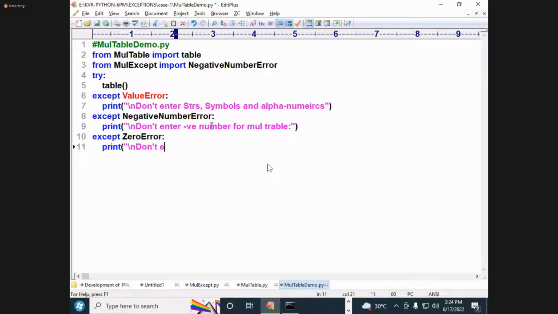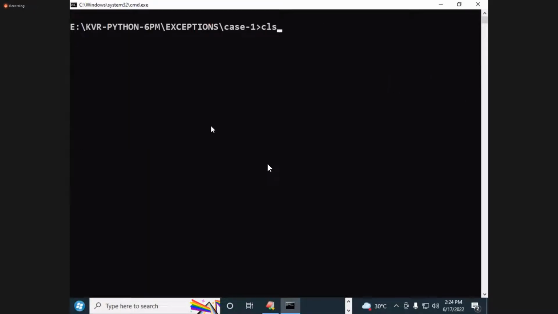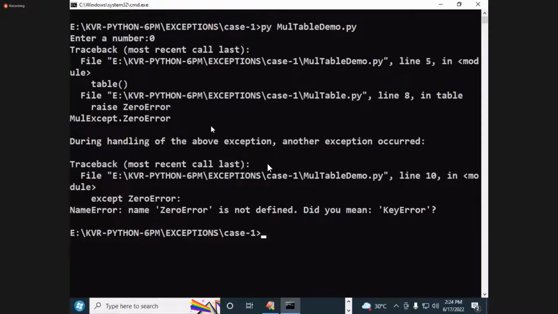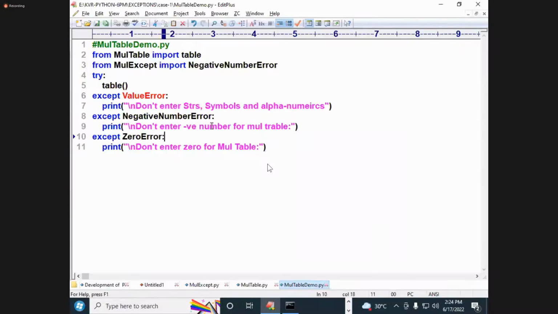Don't enter 0 for multiplication table. See students, now I'm going to say 0. Again, I need to import or not? Yes, need to import. Comma, what should I say from the same place? What is this? Zero error.